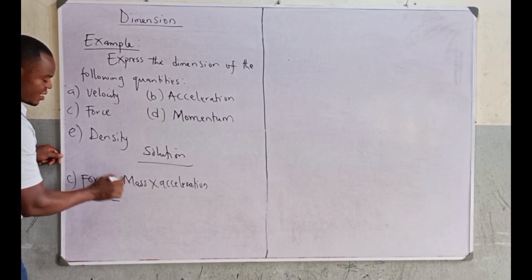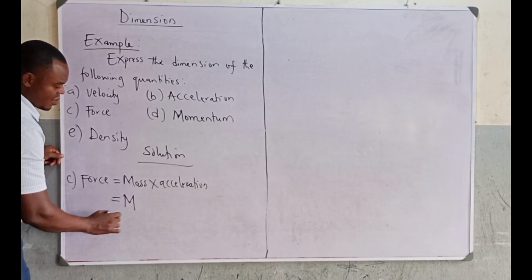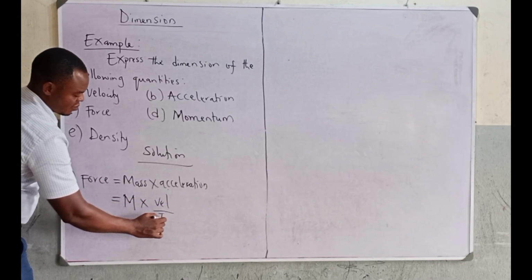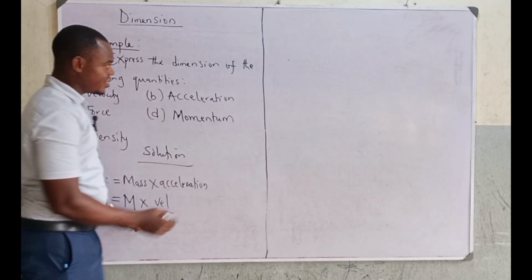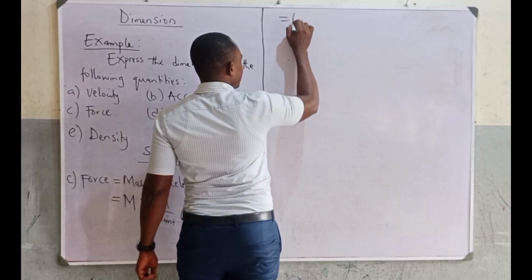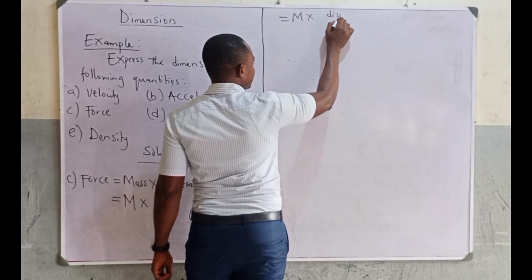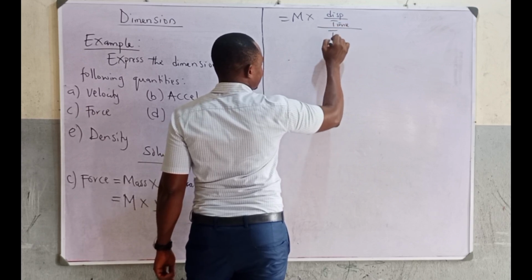So what is mass in terms of dimension? It is capital M, times acceleration, which is velocity over time. Now from here, velocity is what? Velocity is displacement over time, all over time.